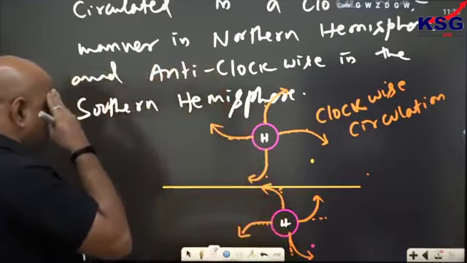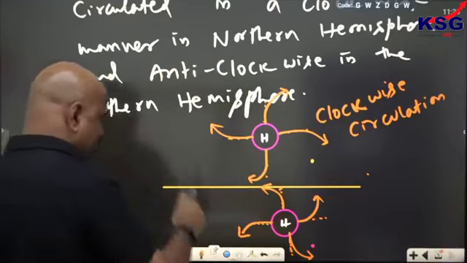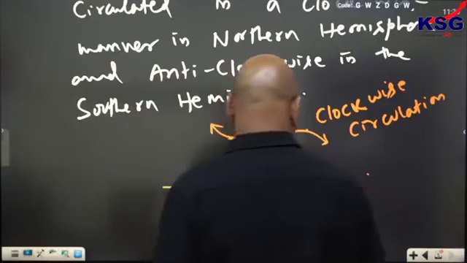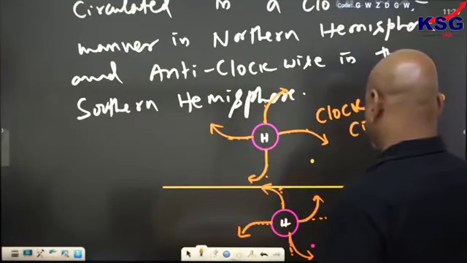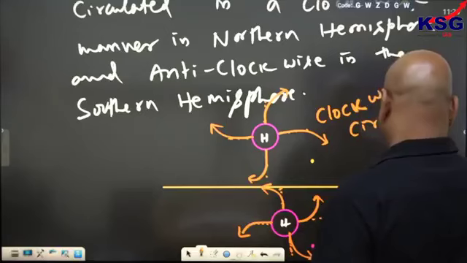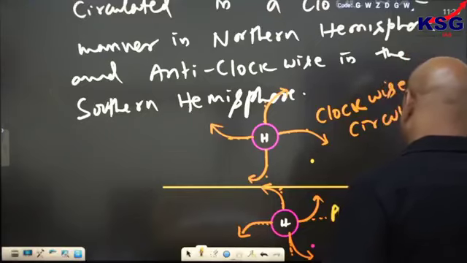So it will be like anti-clockwise. देखिए आप anti-clockwise circulation in southern hemisphere.